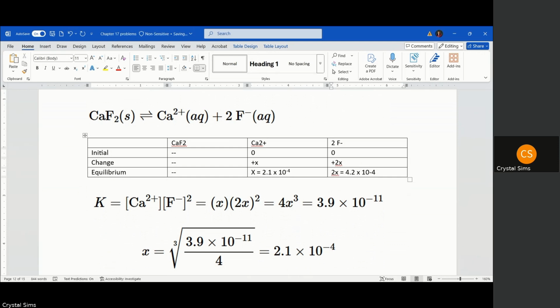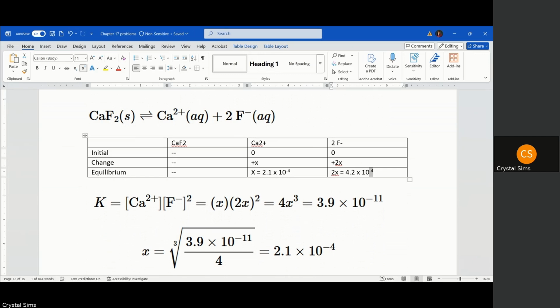I thought that's what it was, but I wanted to double check my math there. So now we have our equilibrium concentrations, our molarity here. Now we're not done yet. Okay. We have to figure out how much then is going to be needed in grams per liter to determine this.